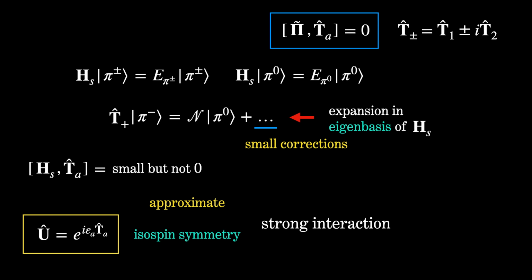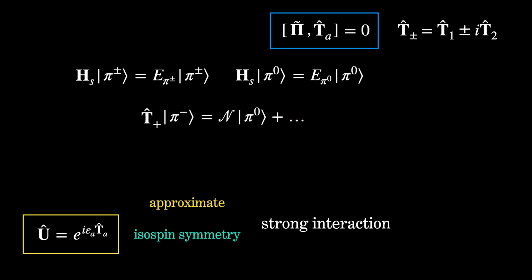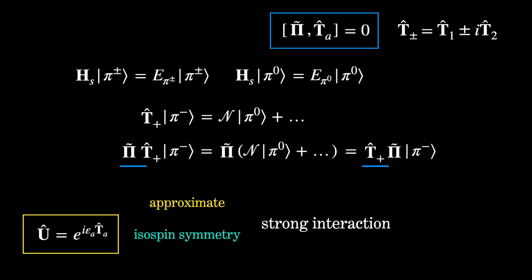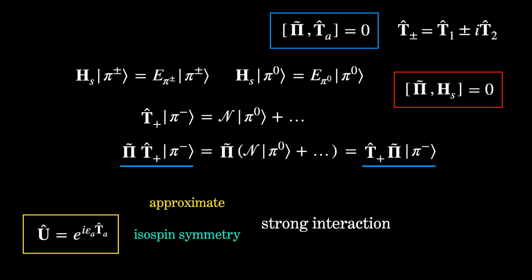It is important to note that the parity operator still commutes with the isospin generators, because one is a spacetime operator and the others are not. We shall make use of this in a minute. Let's apply the parity operator to this state. This is equal to, where we have used the fact that π̃ commutes with T₊.